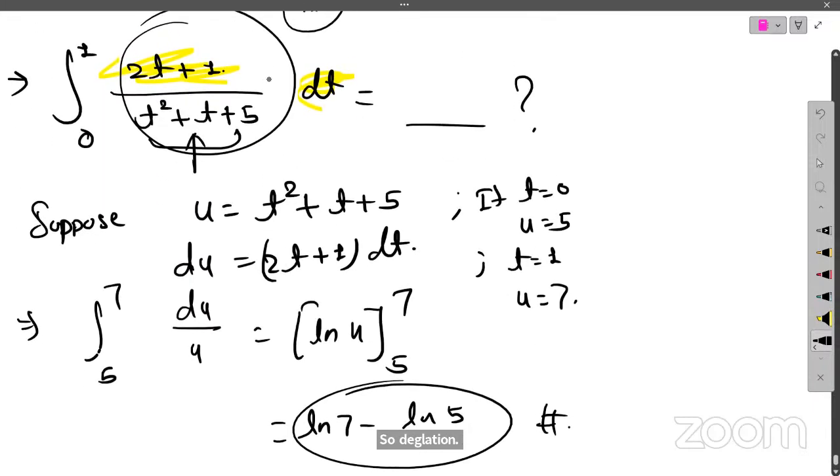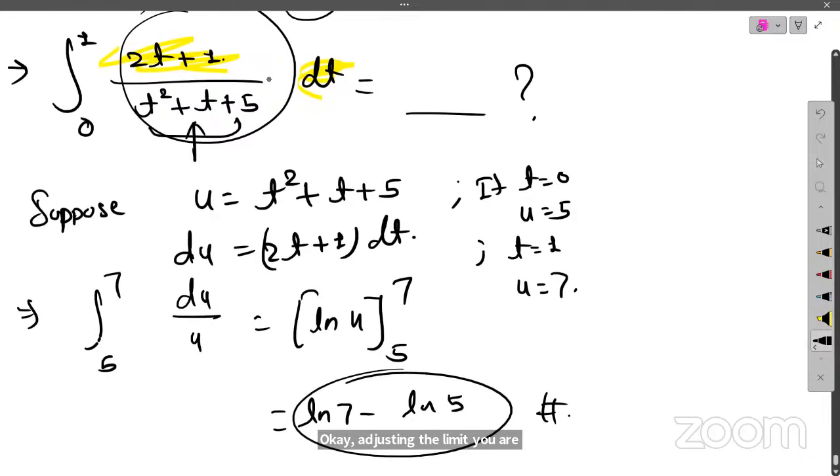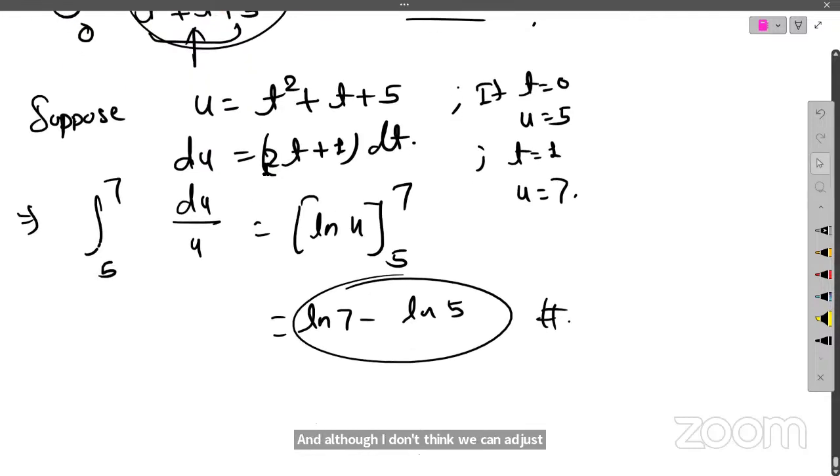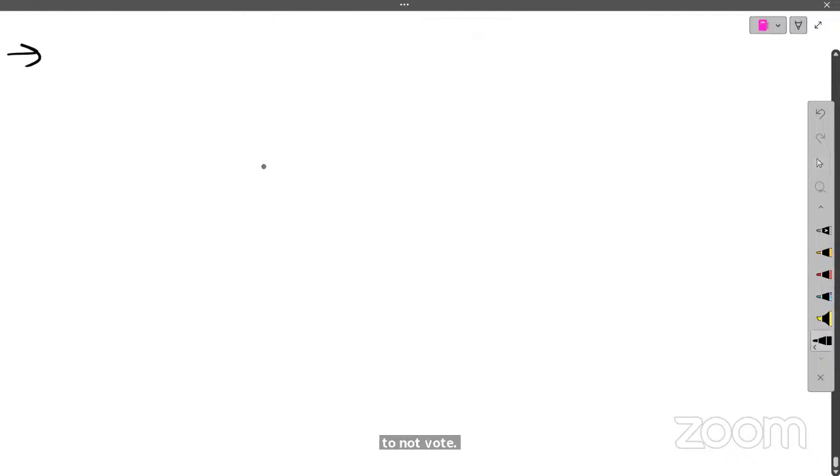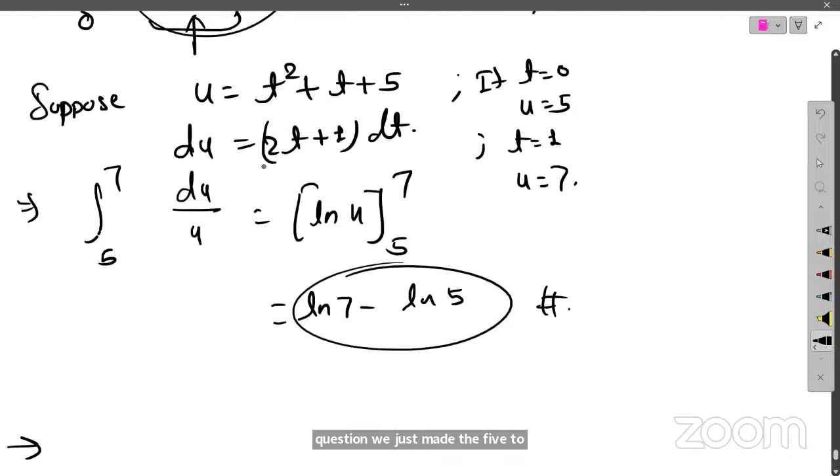Adjusting the limit you are saying, but actually that's not an easy task yet. In the particular question, we just made the limits 5 to 7. It was 0 to 1.